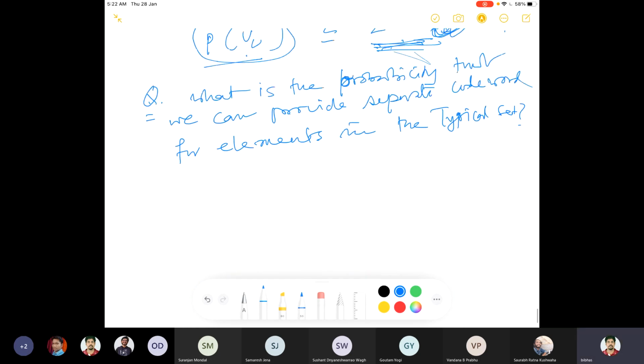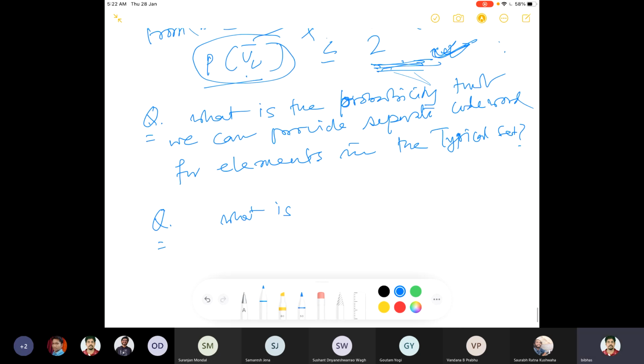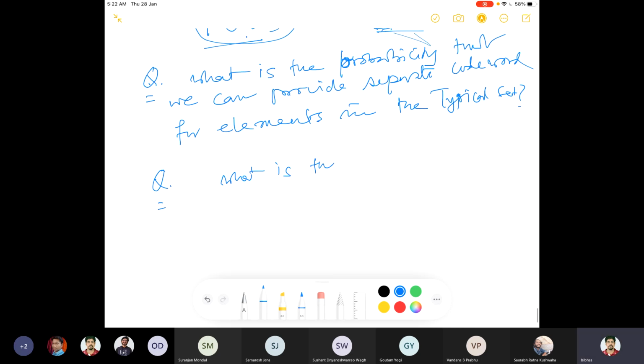Okay, we'll discuss this next day. So let me write down the question here. What is the at most probability that the elements of the set... I already have written it there, so there is no point to write it again.